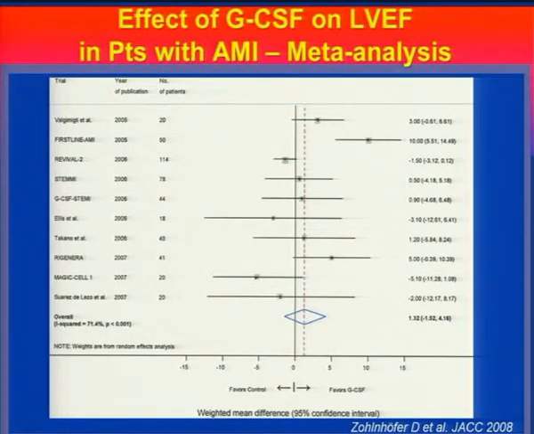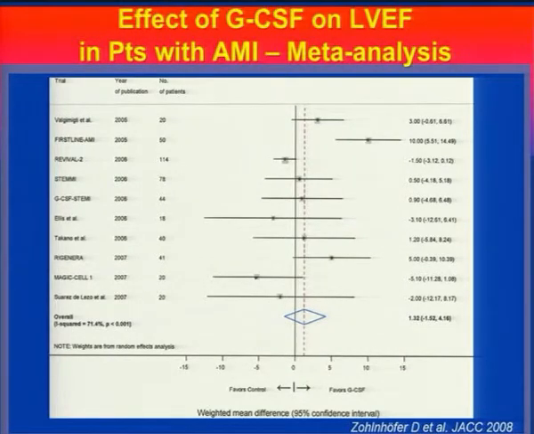G-CSF is a stimulator of the mobilization of these myeloid cells, and many trials have been done. This is the meta-analysis; it is not a significant improvement, but ejection fraction is somewhat increased by G-CSF treatment.